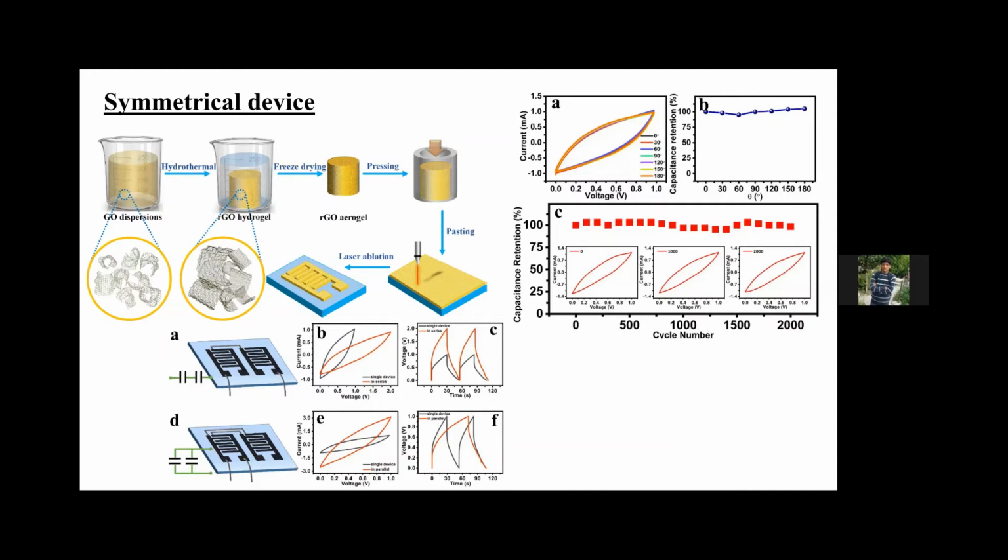Here I am talking about in-planar devices, and I will come to what planar devices are. What they generally do after getting this rGO aerogel is press it onto the substrate, so it becomes well deposited, and then using a laser source, they make the pattern.